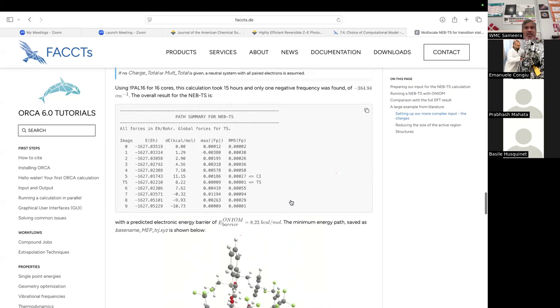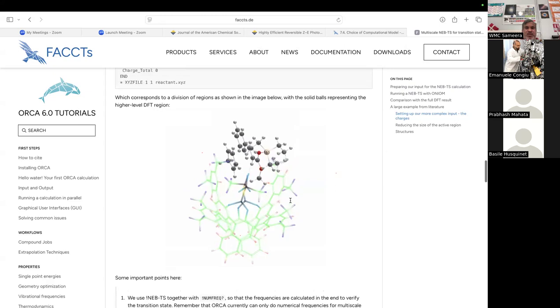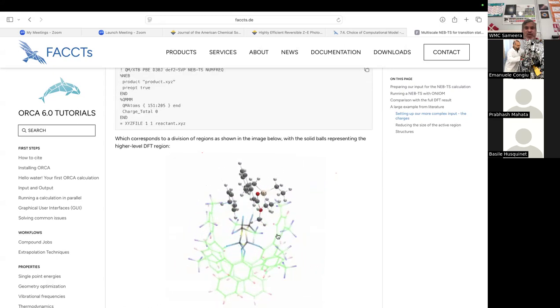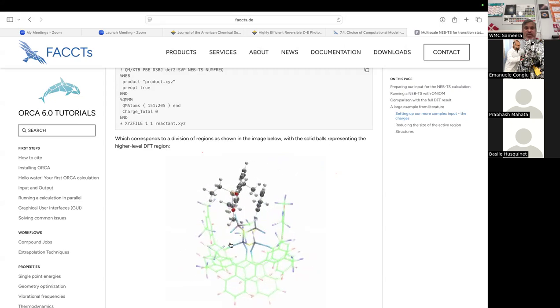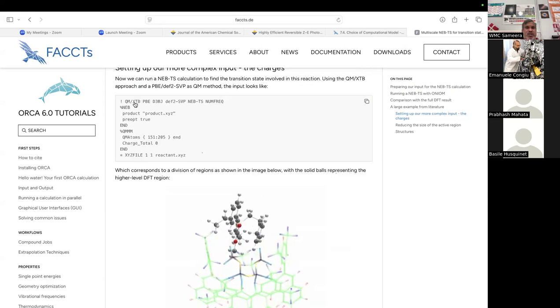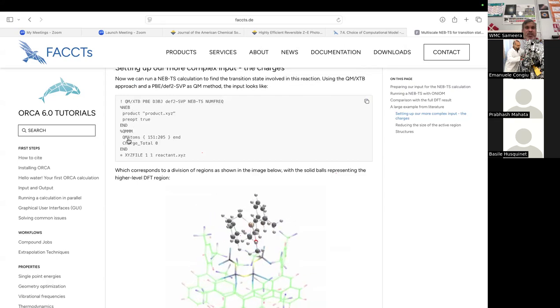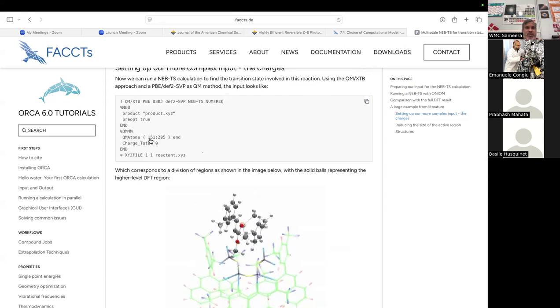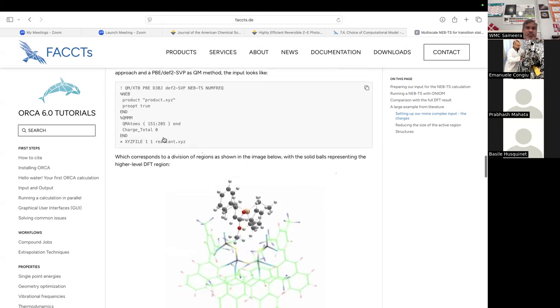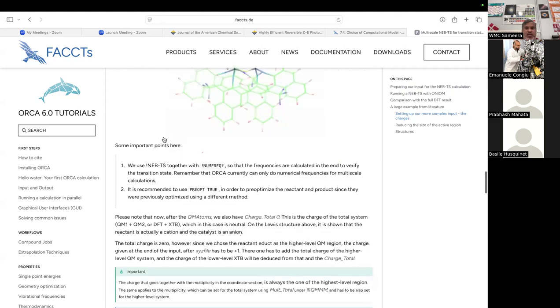So making one part of the molecular system, I guess in this case they use low energy. I mean, this part probably this is XTB, and then QM atoms 151 to 205. So yeah, okay.